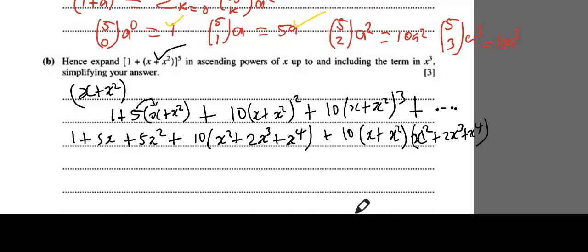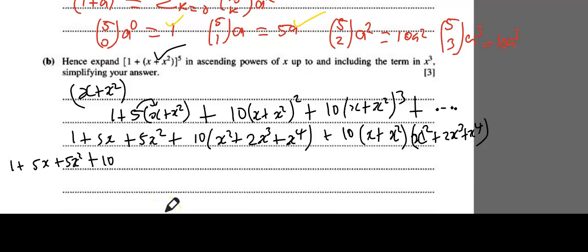So what we are going to have becomes 1 plus 5x plus 5x squared plus 10x squared. Let's open up this.